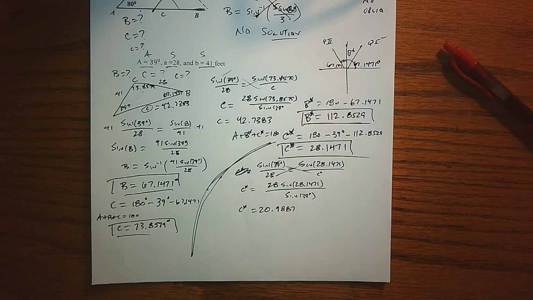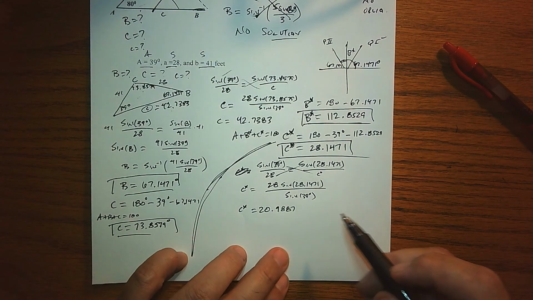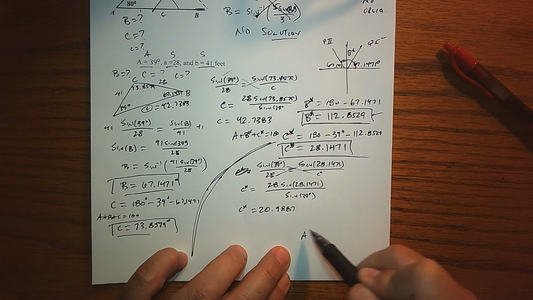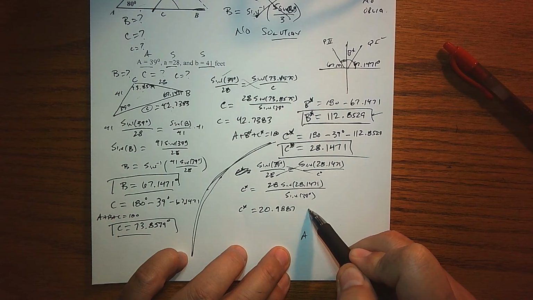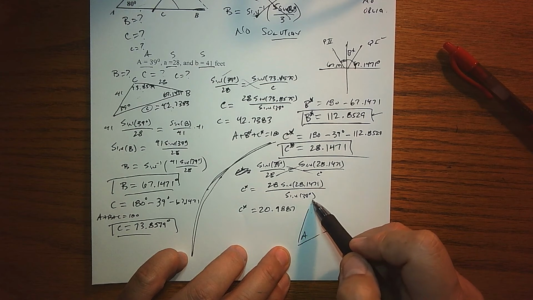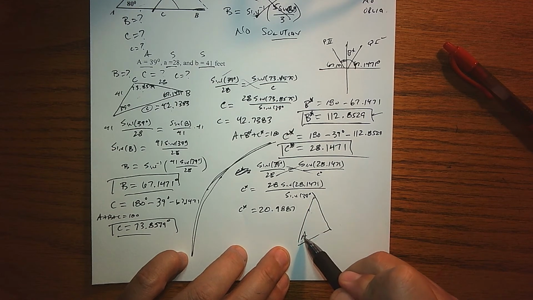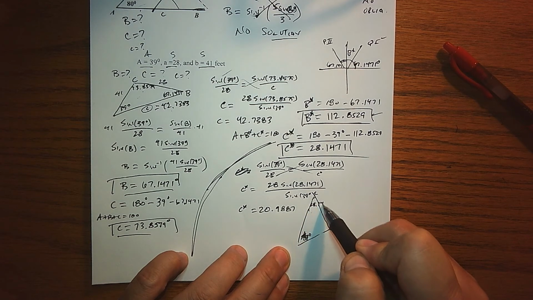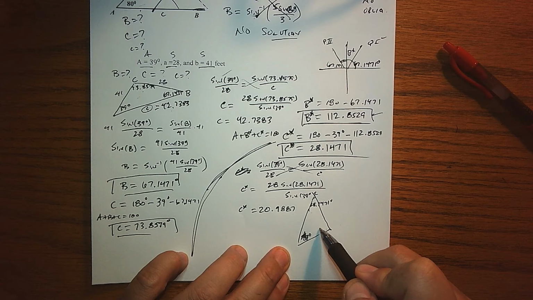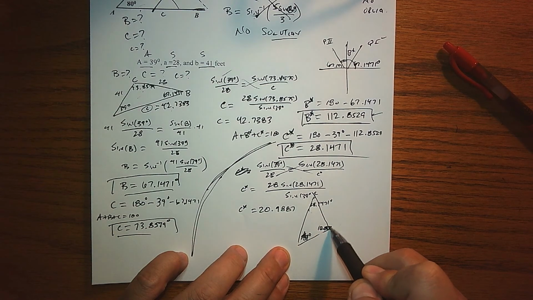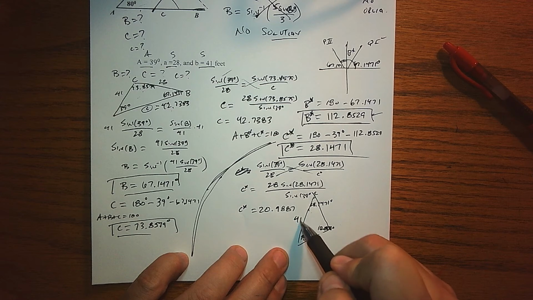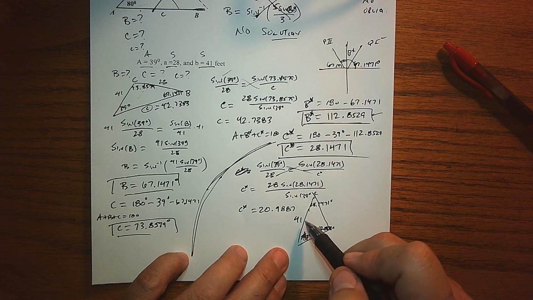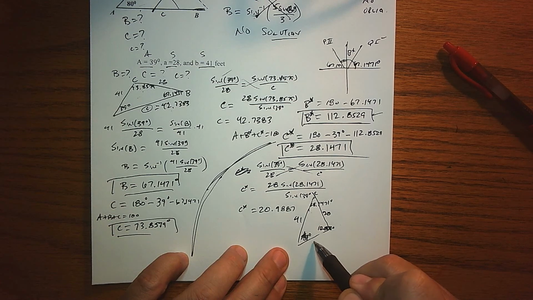So what this is telling us then, if we put this all together, B is an obtuse angle. So here's A, right, A is 39 degrees. C we found to be 28.1471 degrees. B we found to be 112.8529 degrees. Side b was 41, excuse me, yeah, 28, and then side c is 20.9887.